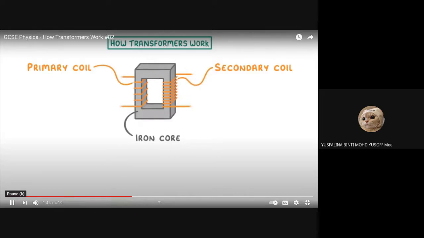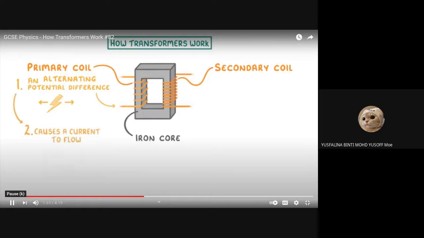The first thing to happen is that an alternating potential difference is applied across the primary coil, which causes a current to flow and generates a magnetic field around the coil. Like I said just now, the alternating current flows, so when the current flows there is a voltage also.